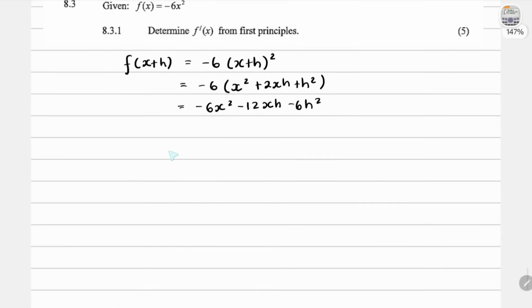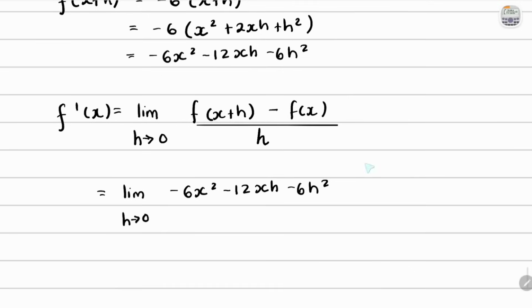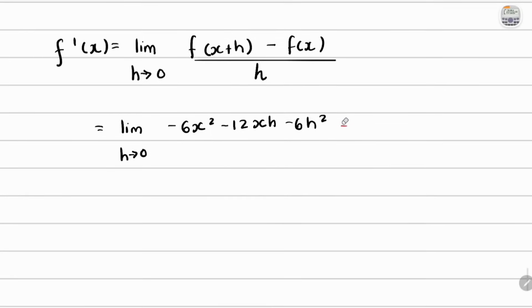Okay, and now we can put down our formula. So f prime of x is equal to, and we're going to just substitute. So the limit as h approaches 0, and then we take all of that and we substitute it in place of f of x plus h. And then we are subtracting by f of x, which is negative 6x squared. But you see, you'll say minus negative 6x squared. And so that ends up becoming a plus.